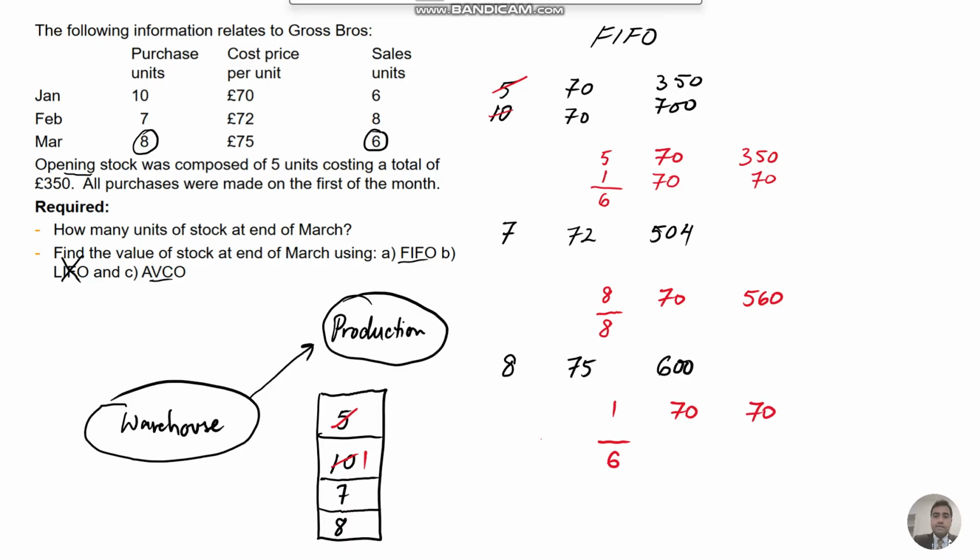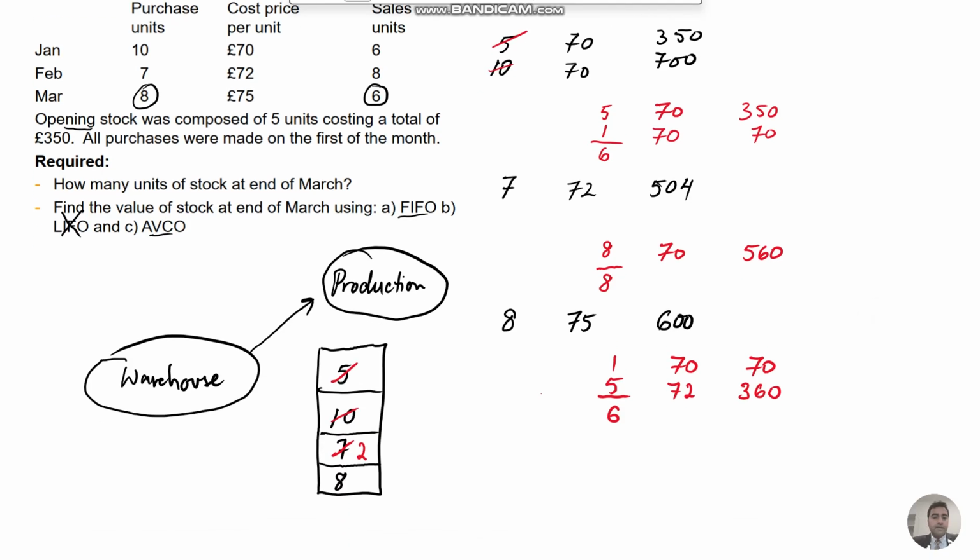Now that means there is nothing left in the second shelf. He still has to fulfill the order, so he still needs 5 more units, which he is going to take from the third shelf. When he has taken 5, that means there are 2 units left. So 5 will be valued at 72, which is £360.